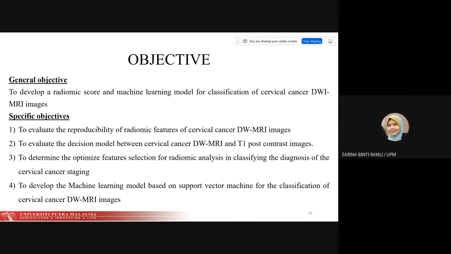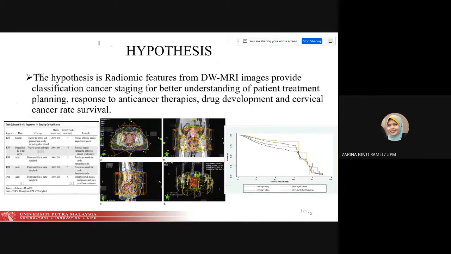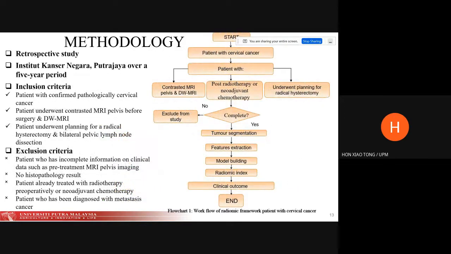May I know, except for the criteria to choose the patient that you showed just now, will you meet the patient physically or will you directly get the information from the institute?